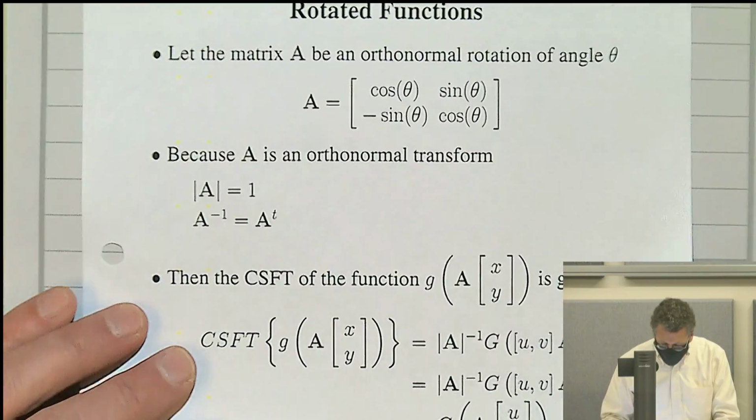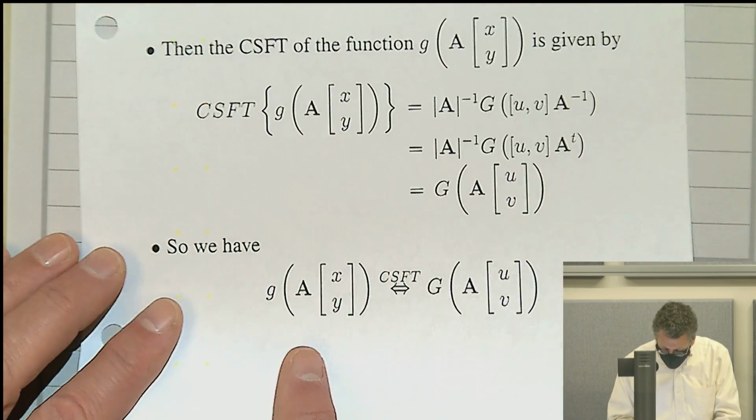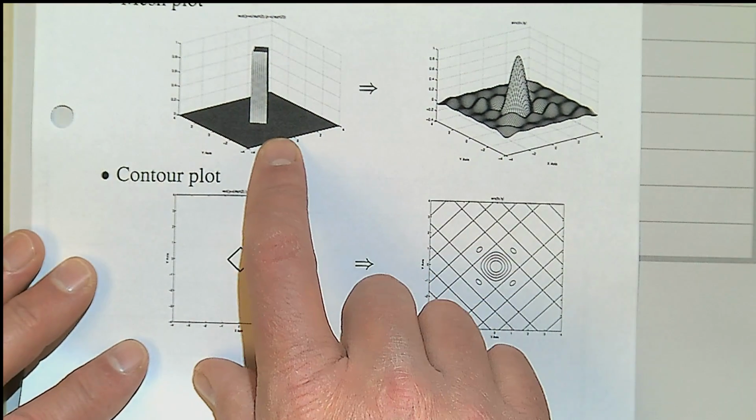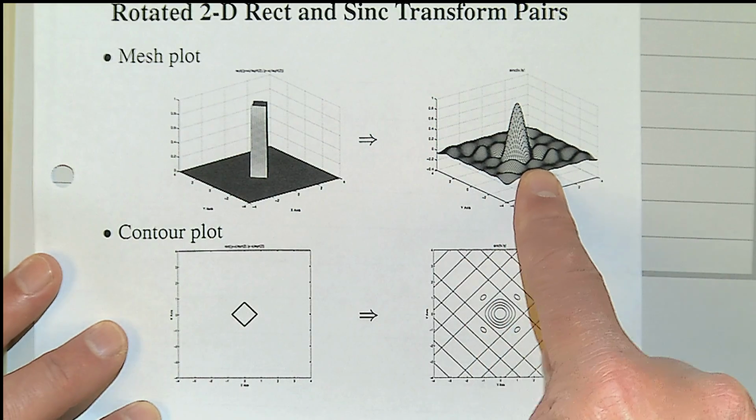Okay, and if you rotate a function, this is a rotation matrix, then the rotation in space corresponds to a rotation in frequency. Let me just show you the final result. Go through the slides and do the calculations. So if you rotate this rect function, you see that it's rotated, then the sinc function rotates.